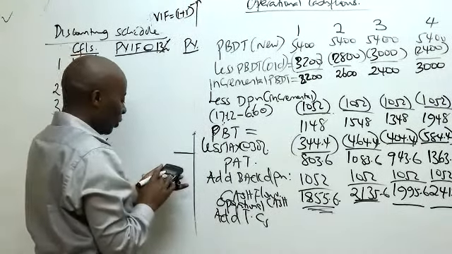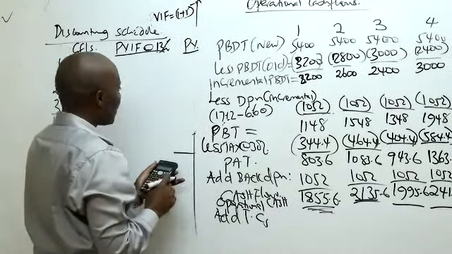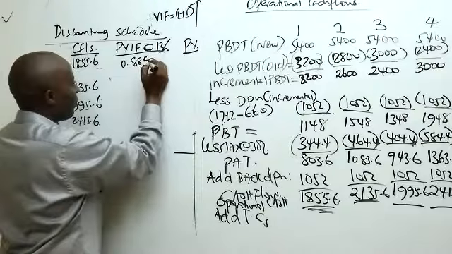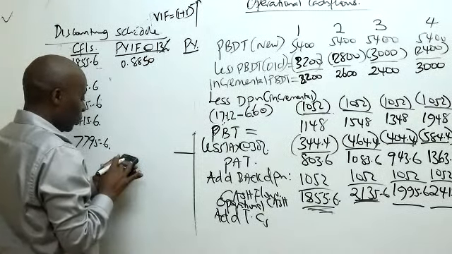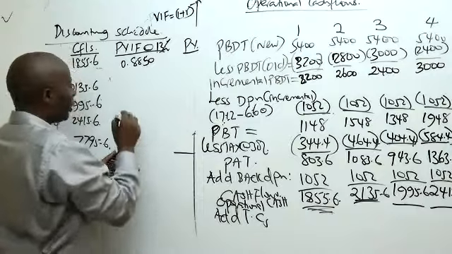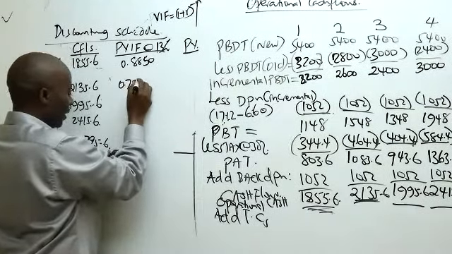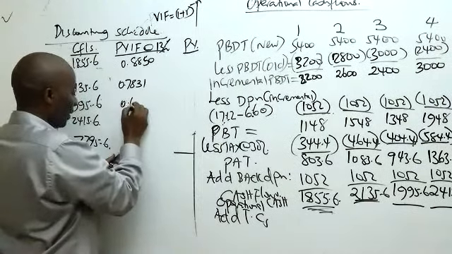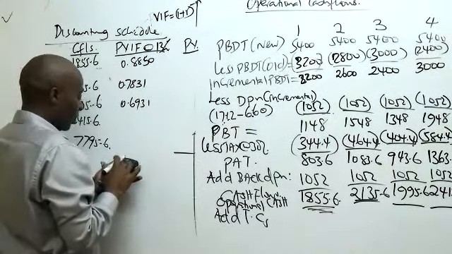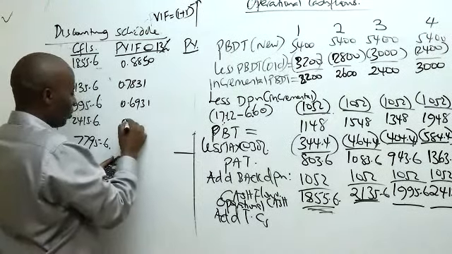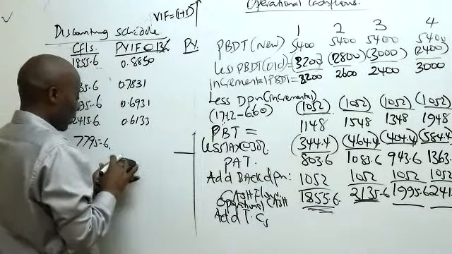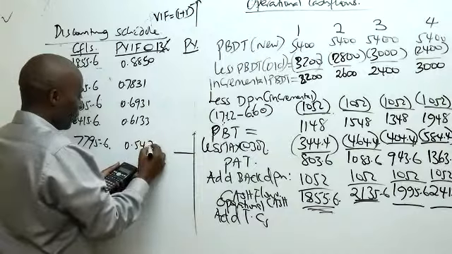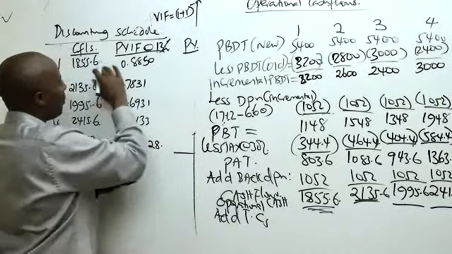So it will be 1.13 raised to negative 1, which gives us the first one, 0.8850. The second one, raised to power 2, gives us 0.7831. Raised to power 3 gives us 0.6931. Power 4 gives us 0.6133. Power 5 gives us 0.5428.